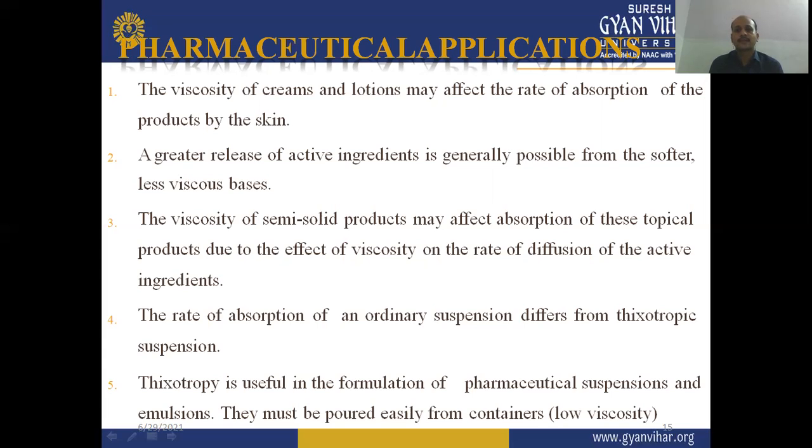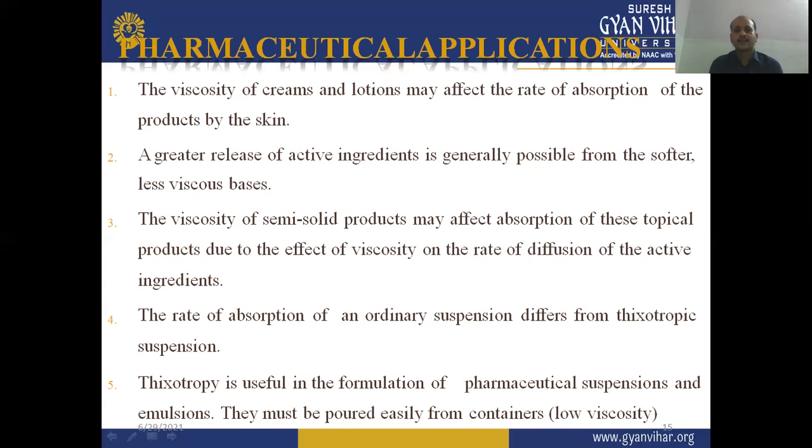First it is present in the gel state, then it can be poured into the container, then taken into the syringe, and administered through the intramuscular or parenteral route. The thixotropic behavior of procaine penicillin is very important, as it prolongs the time of release and makes the drug more suitable for administration.